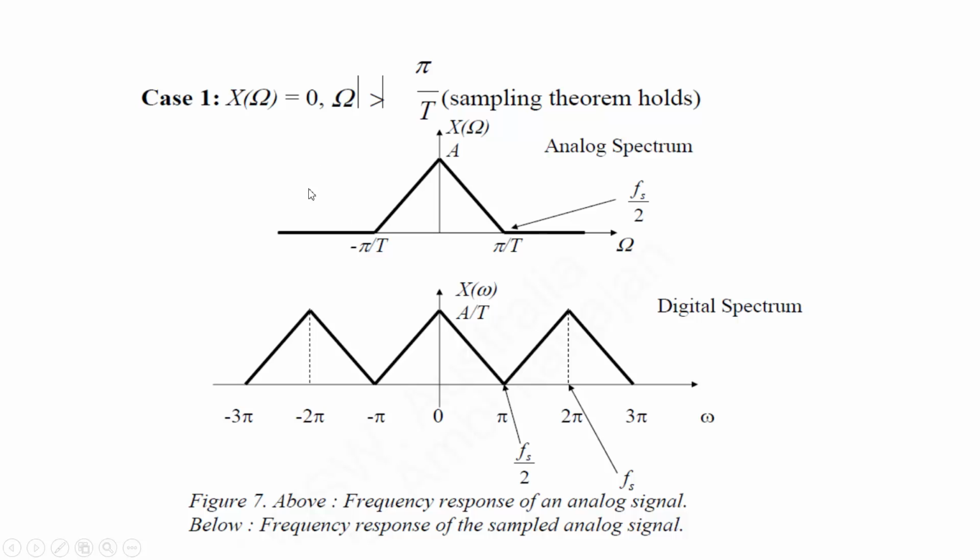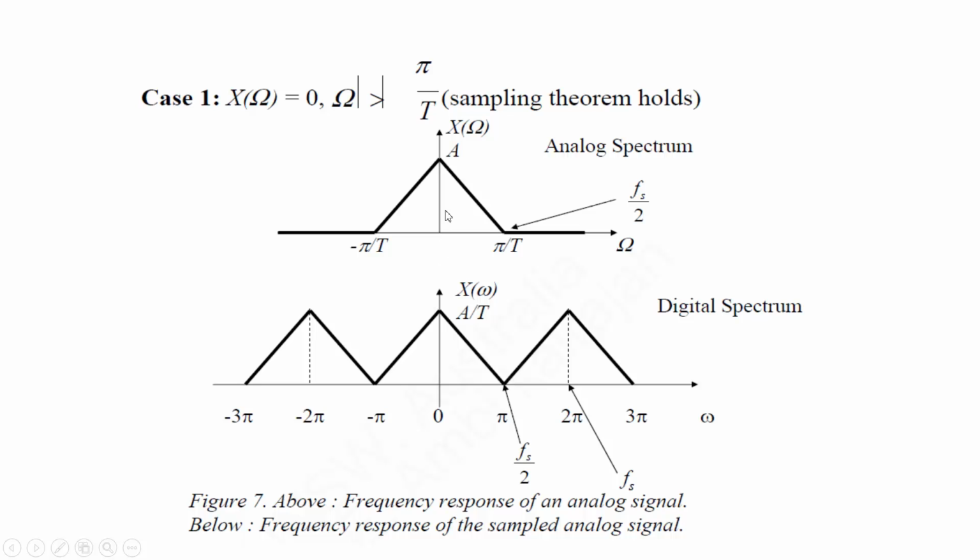Now, if the analog signal is 0 outside this range, the digital spectrum will repeat. This minus pi by T in the analog domain is actually minus pi in the digital domain, plus pi by capital T in the analog domain is actually pi in the digital domain. So we get the same spectrum, but this spectrum will repeat after 2 pi. It will repeat from minus infinity to infinity.